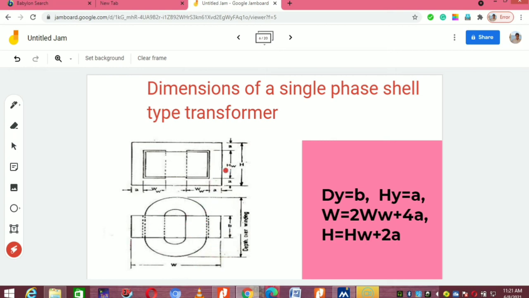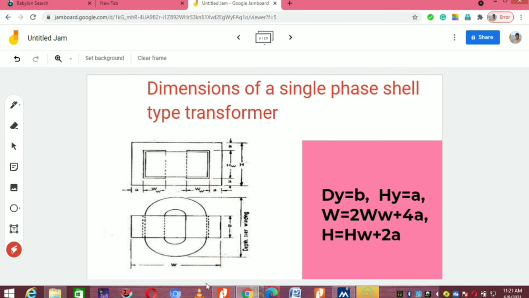Here HW is the height of the window, H is the overall height of the transformer, and A is the width of the largest stamping. So HW is the window height, WW is the width of the window, and B is the depth of the yoke.